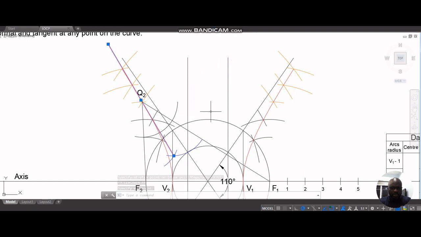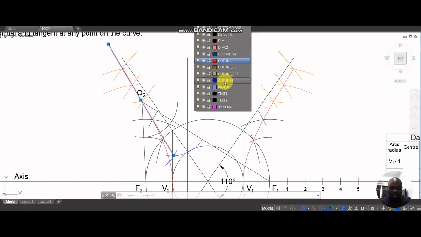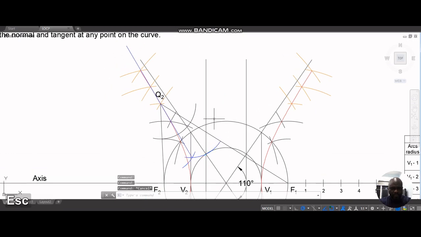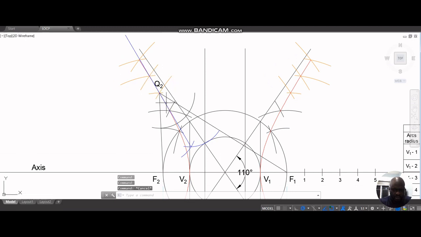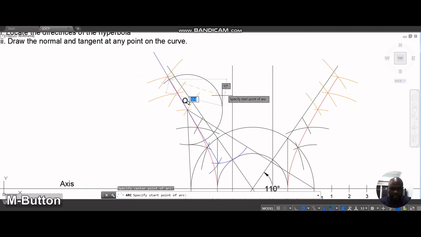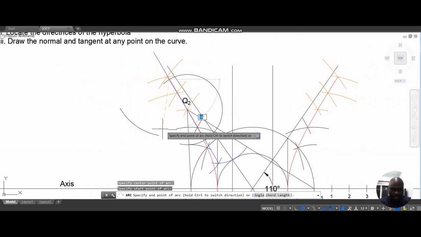Use another line. The blue line there is the tangent in question. Now to generate the normal, any straight line drawn perpendicular to a tangent is a normal. So we're going to create an arc. Let me use the previous arc. Create a semicircle here with this point as center. Create an arc above or somewhere here, anywhere, that's good.